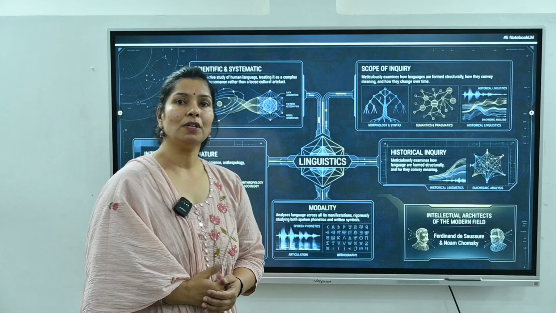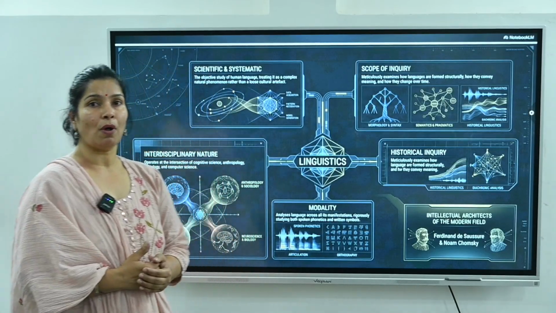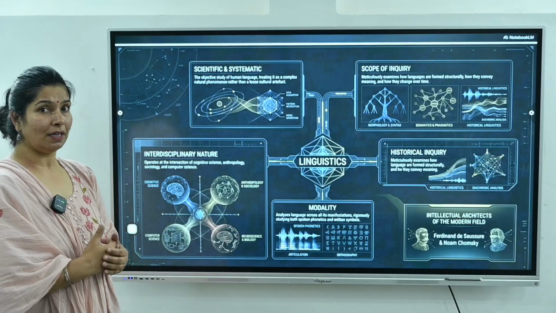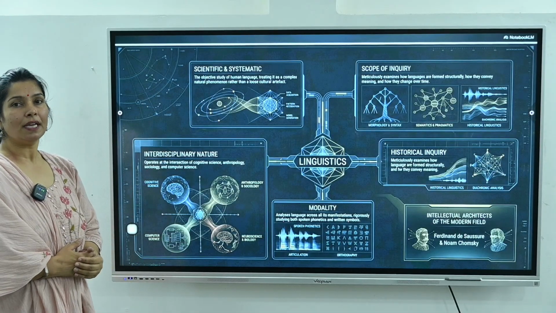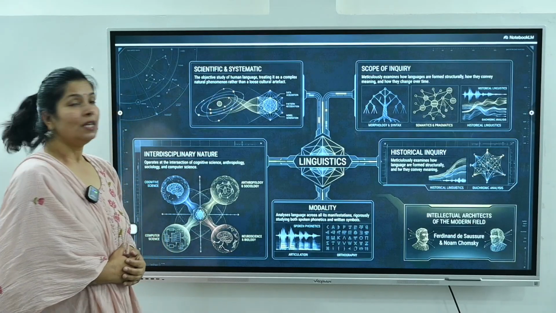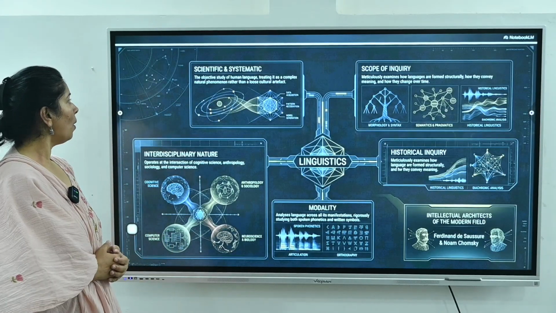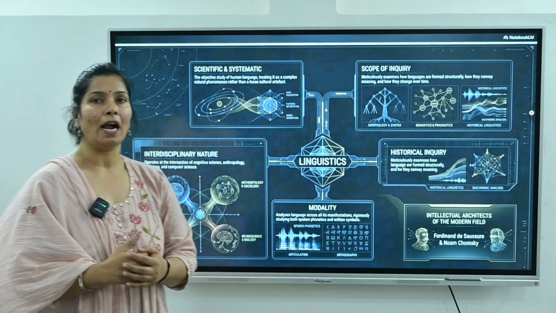One of the most important characteristics is that it is scientific and systematic in nature. It is the objective study of human language, treating it as a complex and natural phenomenon rather than a loose cultural artifact.